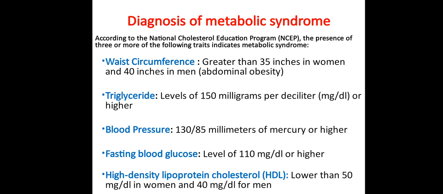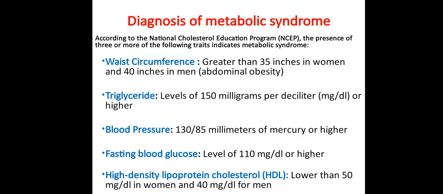First of all, a waist circumference greater than 35 inches in women and 40 inches in men. And the patient should have a high level of triglycerides, so a level of 150 mg per deciliter is regarded as a criterion of metabolic syndrome.